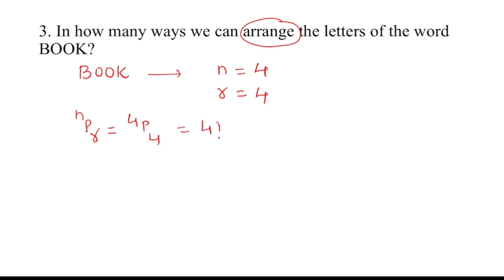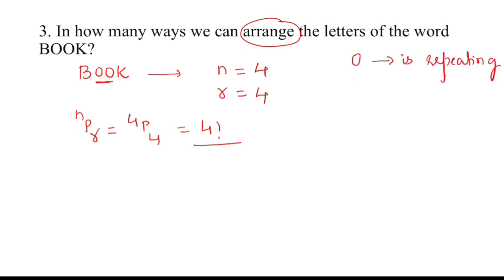No, because see here, O is repeating twice, isn't it? One letter is repeating twice. When any letter is repeating, then we have to divide the result that we have got by the number of times the letter is repeating. Now O is repeating twice, isn't it?